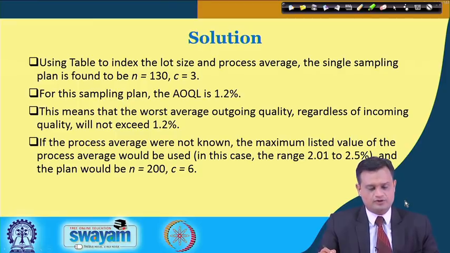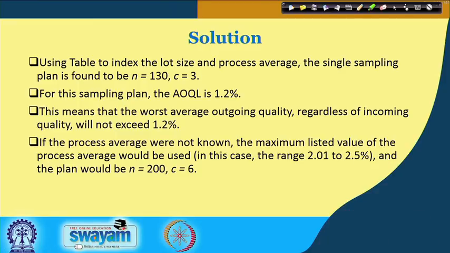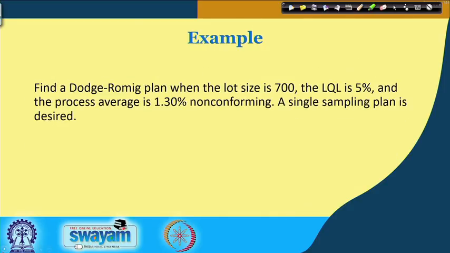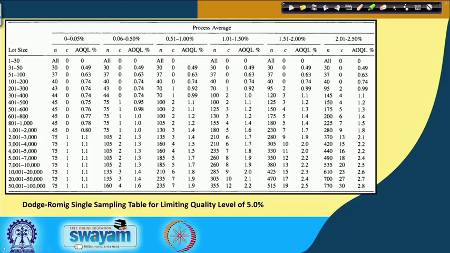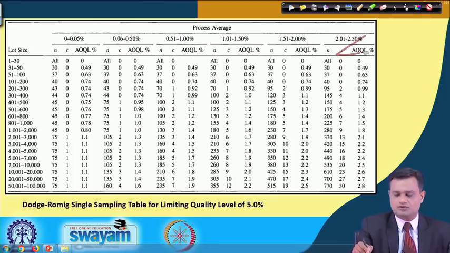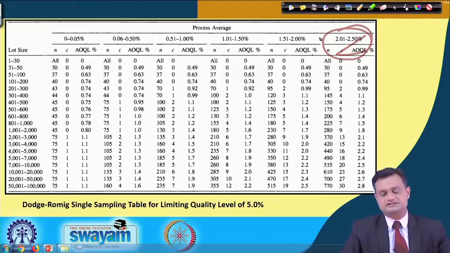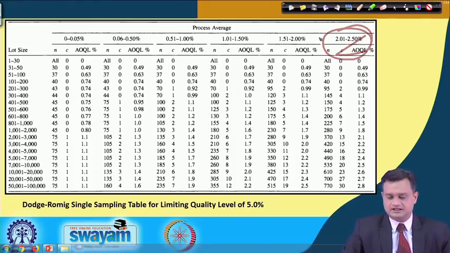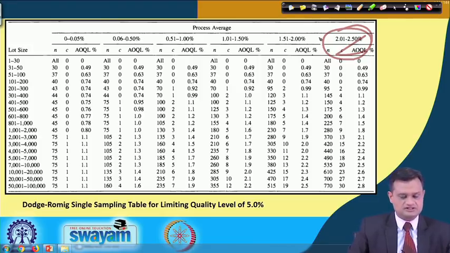So, I have AOQL 1.2%, I got n is equal to 130 and c is equal to 3, and the range is 2.01 to 2.5%. Just see this particular table, and this is my 2.01 to 2.5%, and you can refer to the lot size.